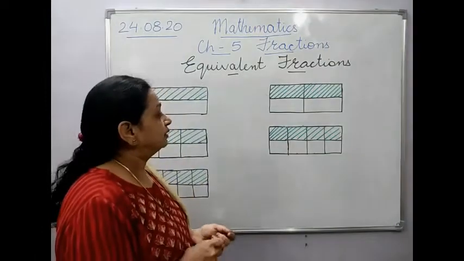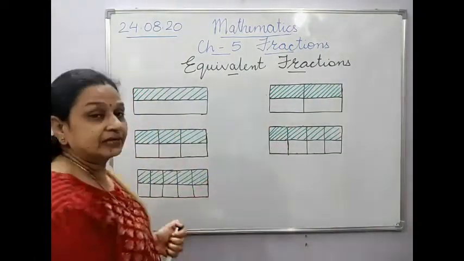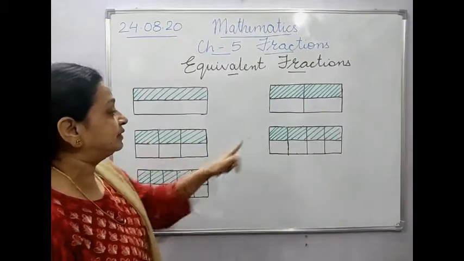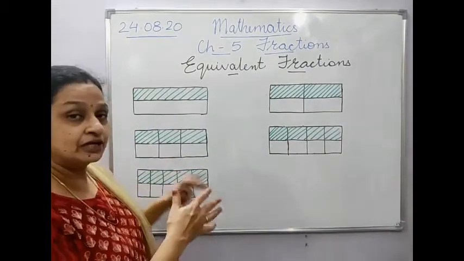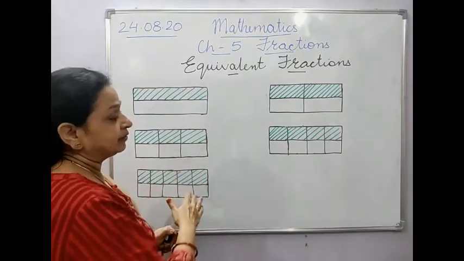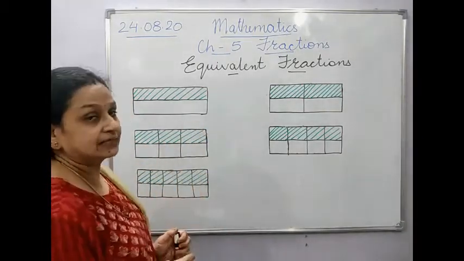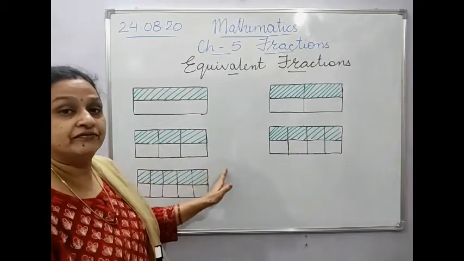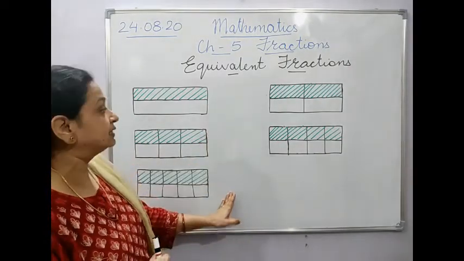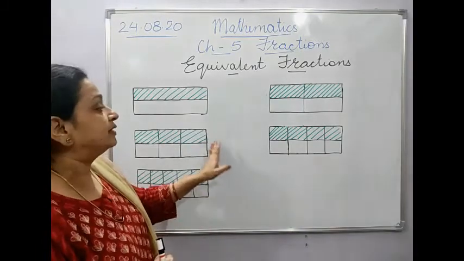Now children, look here, I have made some rectangles. There are 5 rectangles, all equal in size, and each has been divided into a different number of parts.